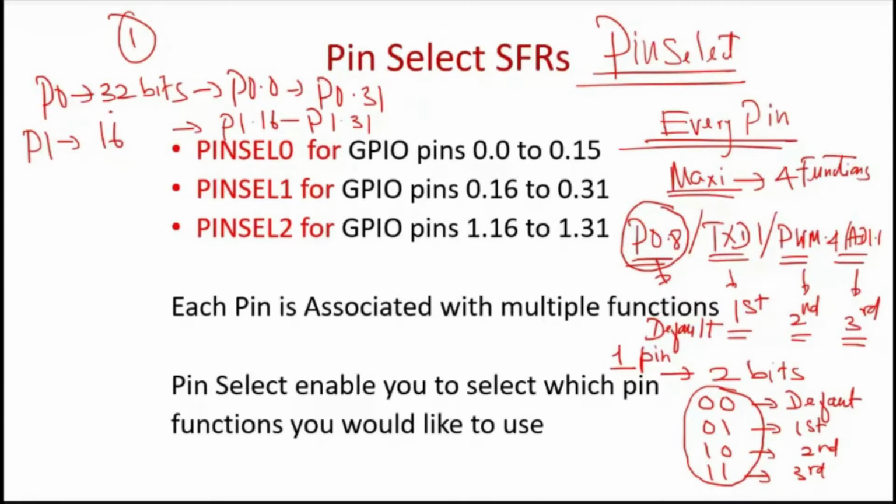So totally 32 plus 16, theoretically you have 48 pins, out of which 3 pins are not available. Each pin can do 4 functions, which means you need 2 bits for specifying the exact function of a single pin.